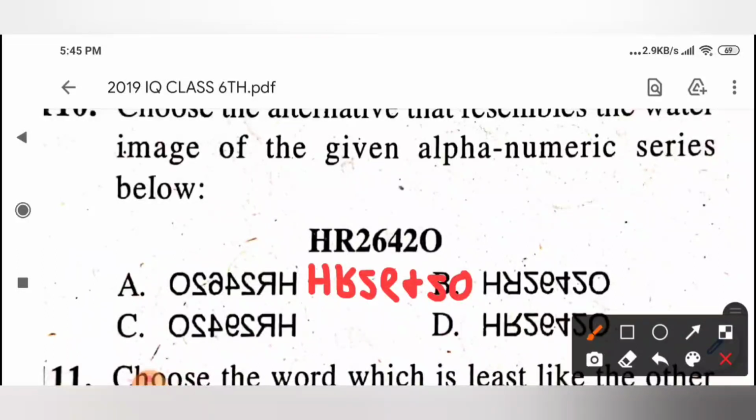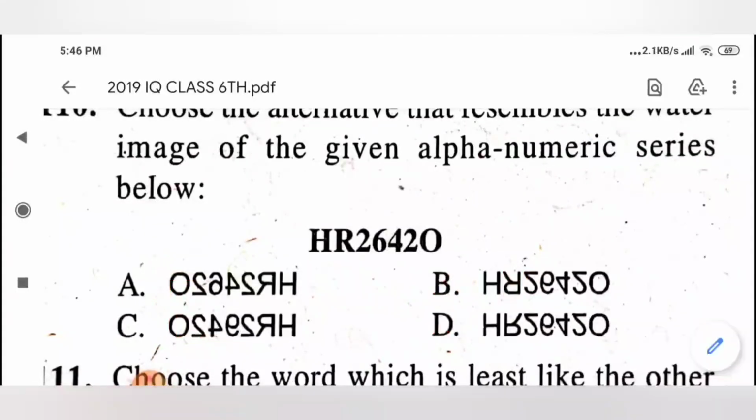Now we shall compare these two. A and C are rejected because they start with 0. Now we shall see B and D. B, compare each and everything. See, R is wrong. And D, comparison, D is correct. So D is the answer.